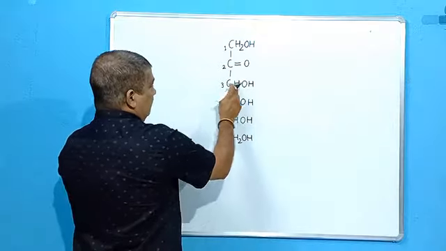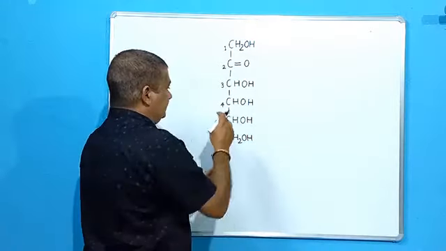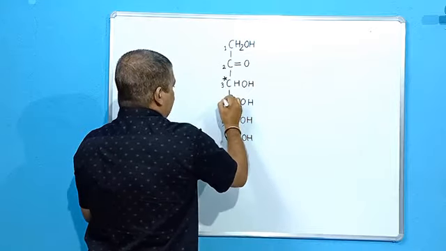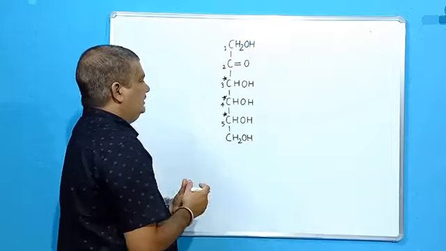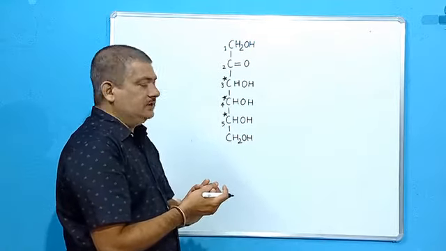So here there are two groups, hydrogen on one side, hydroxyl on another side. So with respect to these three only, where I have given the asterisk mark, the orientation of the hydroxyl group is possible.